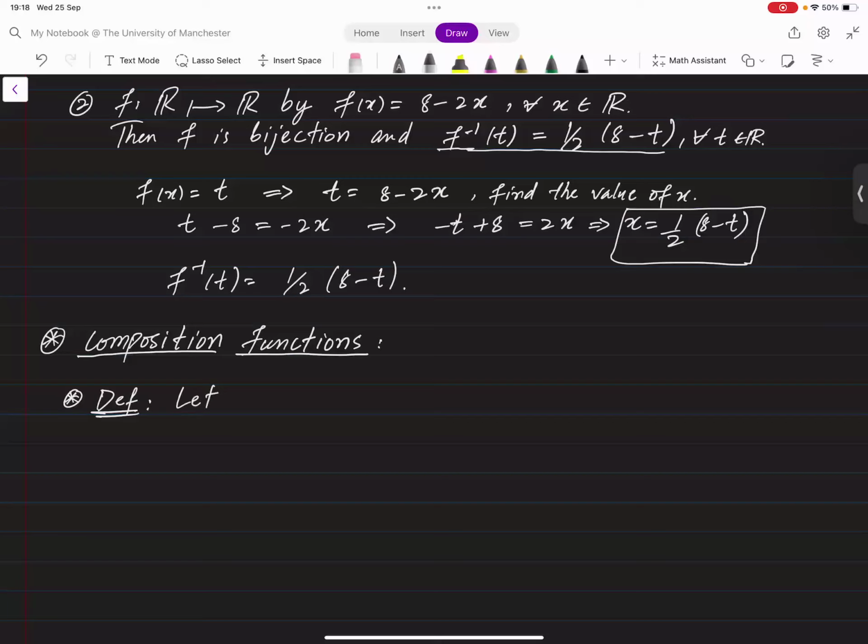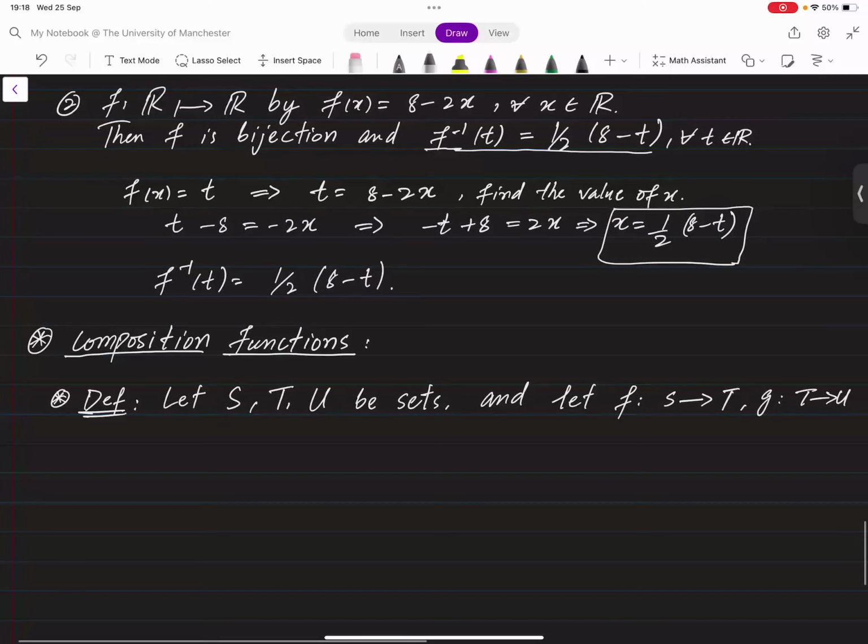Let there be three sets and let there be two functions.